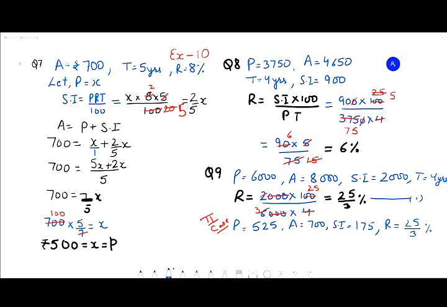Now I have to find out the time. So time is equal to SI into 100 by P into R. And SI for me is 175 into 100 by 525 into 25, and this 3 will go up.